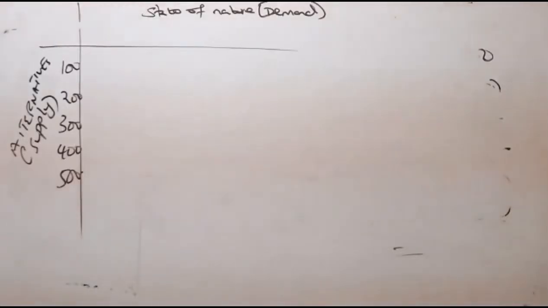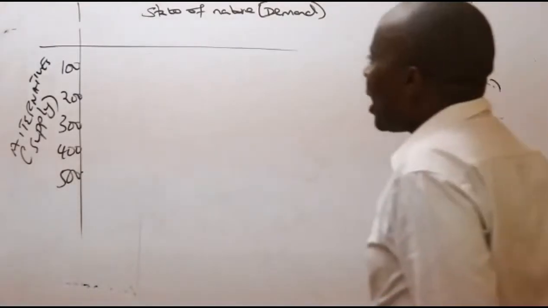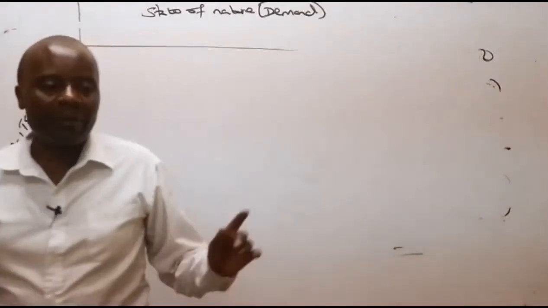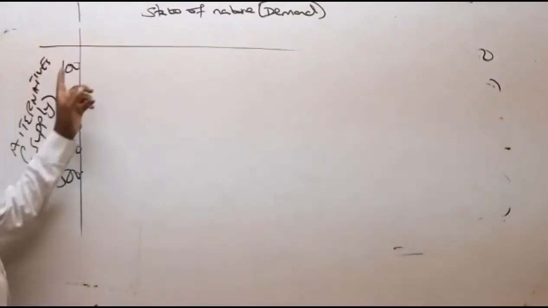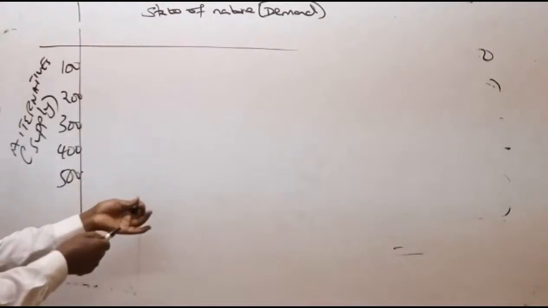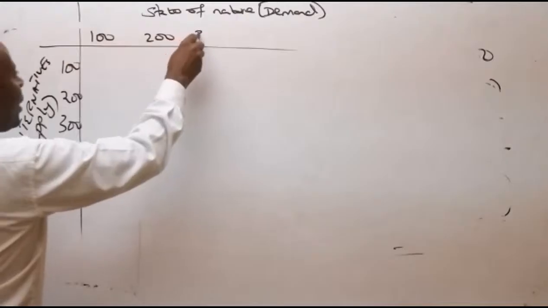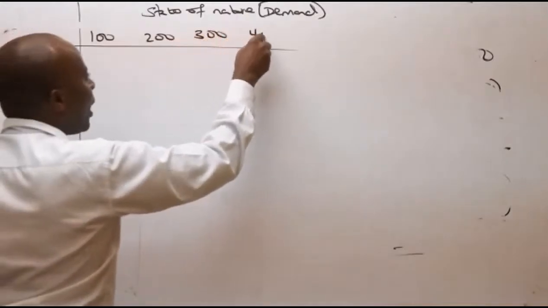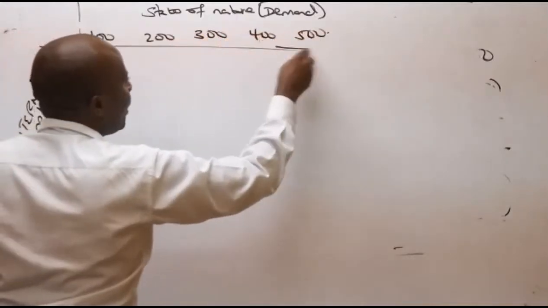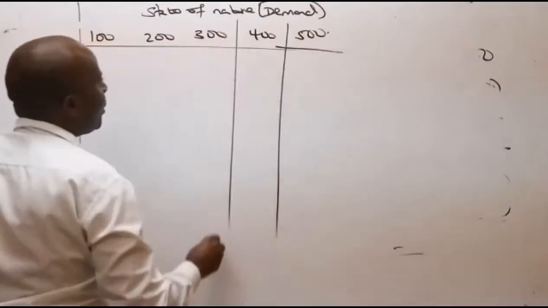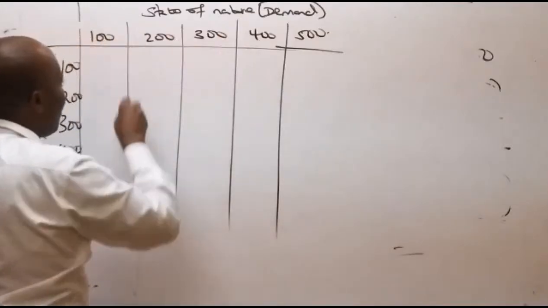So the same supply figures that you have here will be the same demand figures we put there. So in that case we are going to put 100, 200, 300, 400, and then we have 500, like that. Then, ladies and gentlemen, what we're going to do is to have our cells.